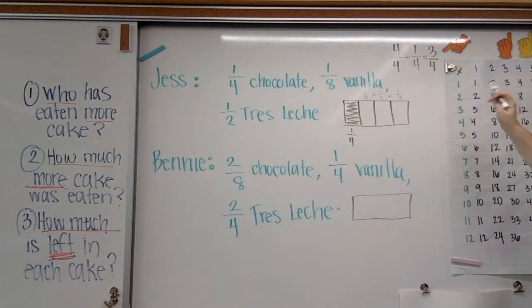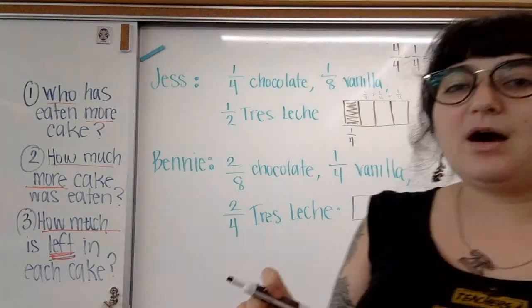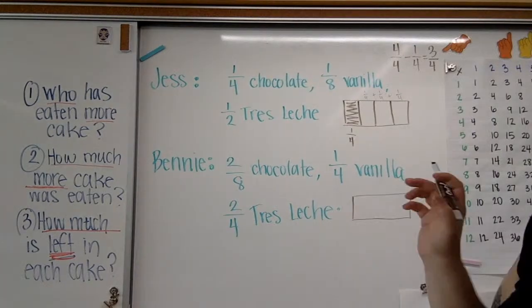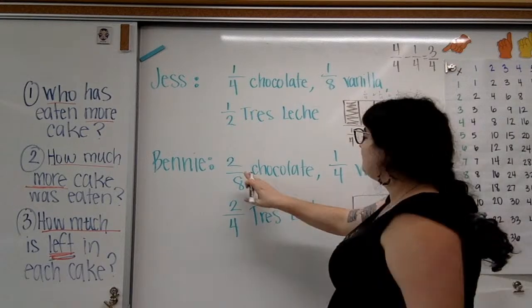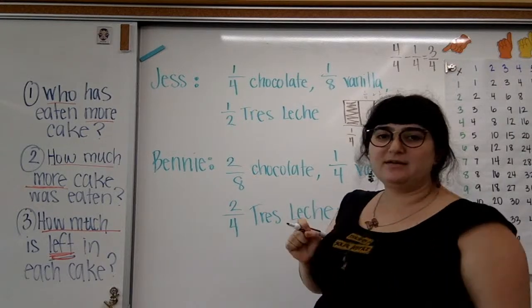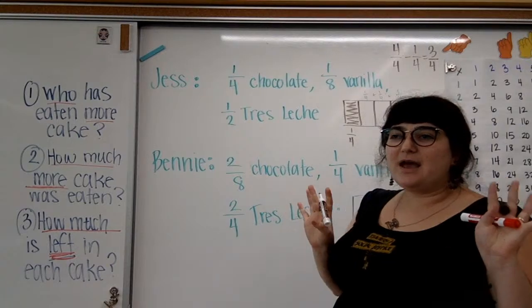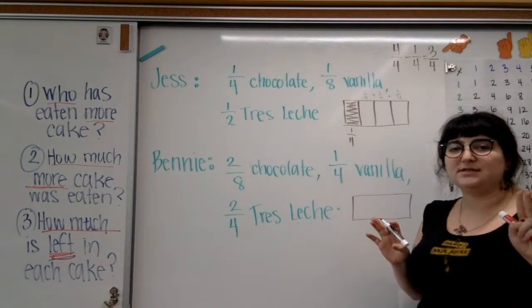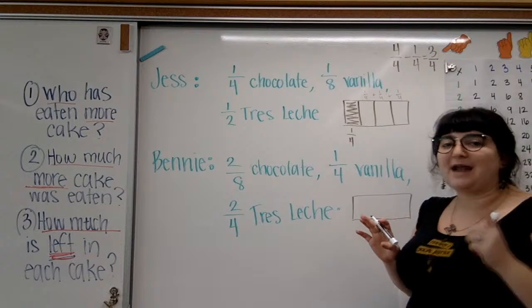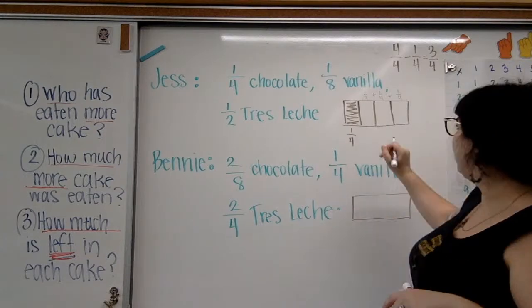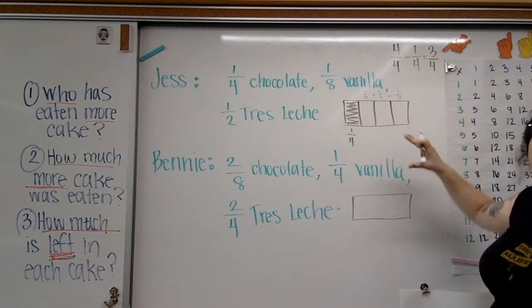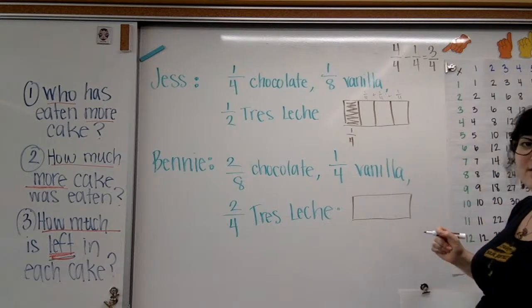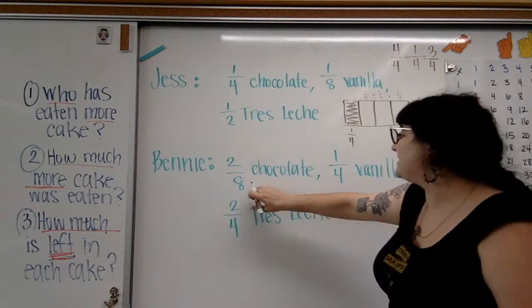So with our chocolate, I'm just going to keep this note up here that I have 3/4 left. Now, I'm a little concerned because I see fourths up top, but Benny had 2/8 of chocolate. Now, I can approach this in one of two ways. The first way is I'm going to do it the same way, where I know that this is technically the same cake. We don't have 2 chocolate cakes. But I want to represent this with 8ths.